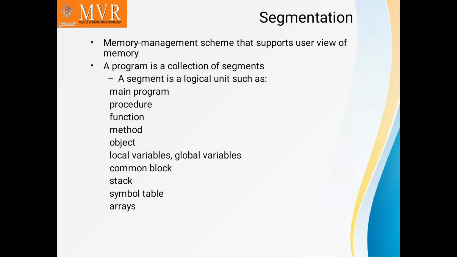Let us explain a simple problem: the segments are logical units such as main program, procedure, function, method, object, local variables, global variables, common block, stack, symbol table and arrays.